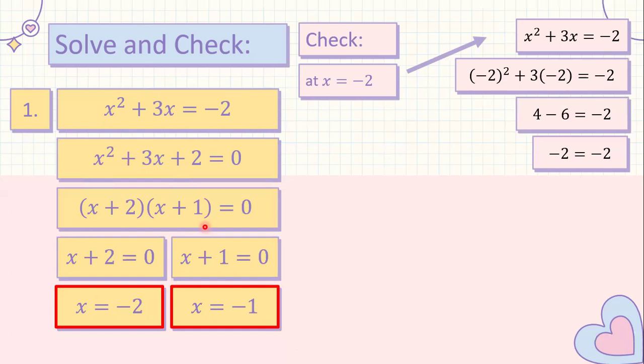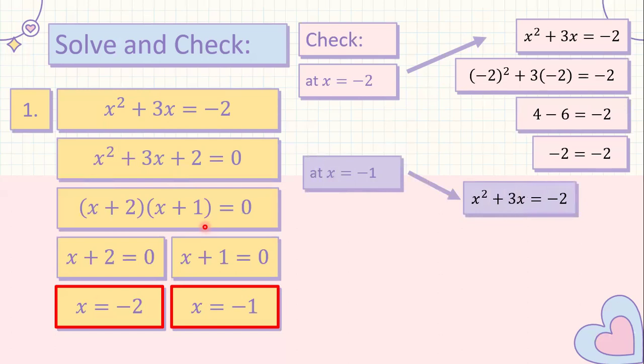How about negative 1? If x is negative 1, substitute that again into the original equation. So we now have negative 1 squared plus 3 multiplied by negative 1 is equal to negative 2. If we square negative 1, that gives us 1. Positive 3 times negative 1 is negative 3.